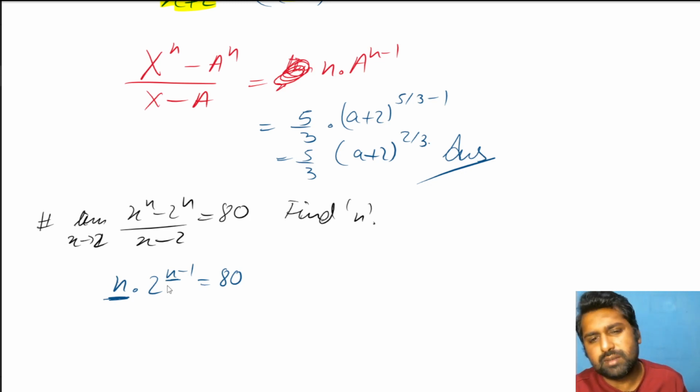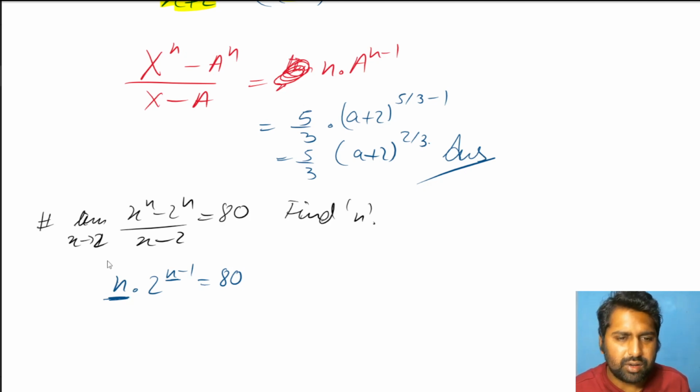There is one way, but I'll recommend you to do the check. Either you check the options by putting the values, or if you are solving it properly, just do it like that. Put n equal to 1, it will not work. n equal to 2, still will not work. 80 is a big value, so 1 and 2 will not work. 3, it is coming 3 into 2 raised to power, still very small.